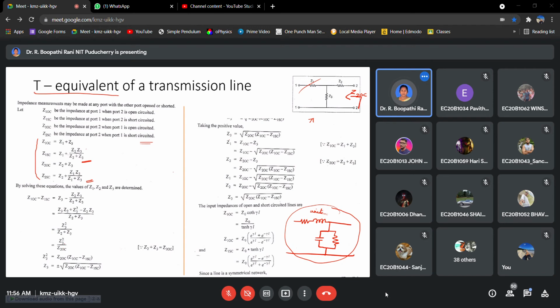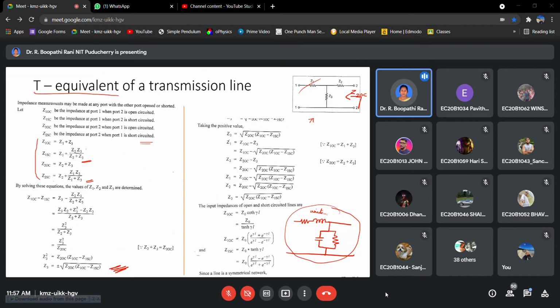So Z3 can be written as plus or minus root of Z2 OC times Z1 OC minus Z1 SC. So now we got the Z3 expression only in terms of open or short circuited impedances.